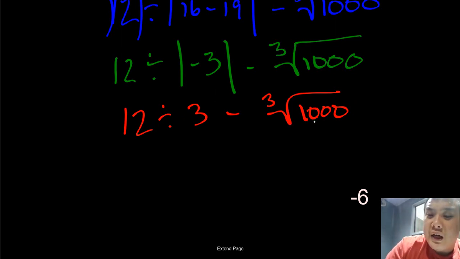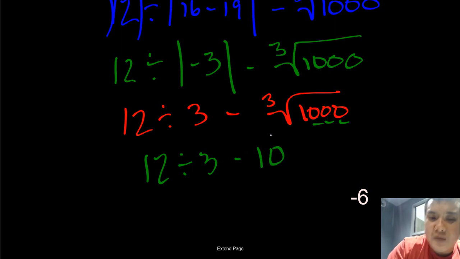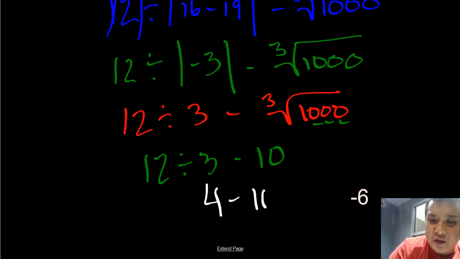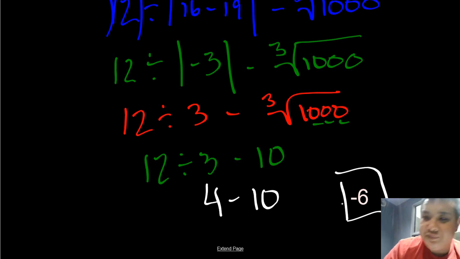Well, because we have 3 zeros here, we know that each multiplication by 10 adds a 0. So therefore the cube root of 1,000 is 10. So we get 12 divided by 3 minus 10. 12 divided by 3, as we all know, is 4, minus 10, which gets us our final answer of negative 6.